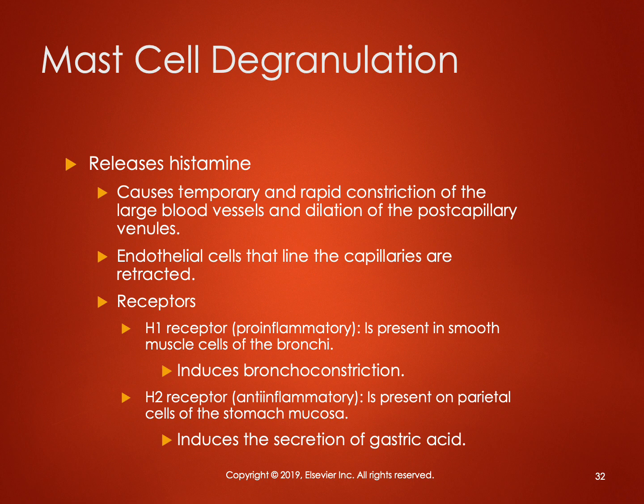And when that happens, we will get increased vascular permeability, which will result in a retraction of the endothelial lining in the capillaries. And this will cause increased adherence of leukocytes to the endothelium. So that's how the histamine impacts degranulation.